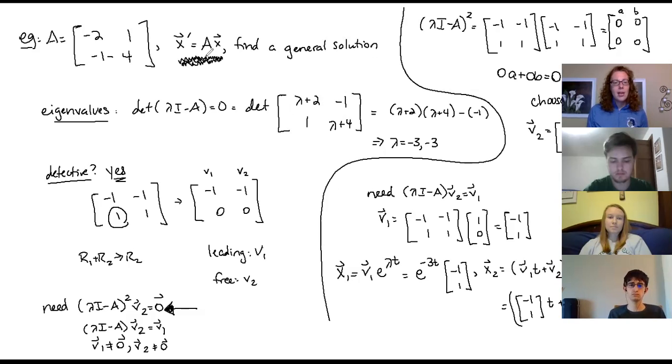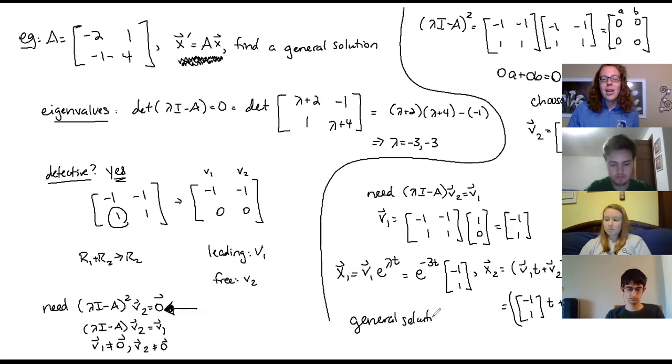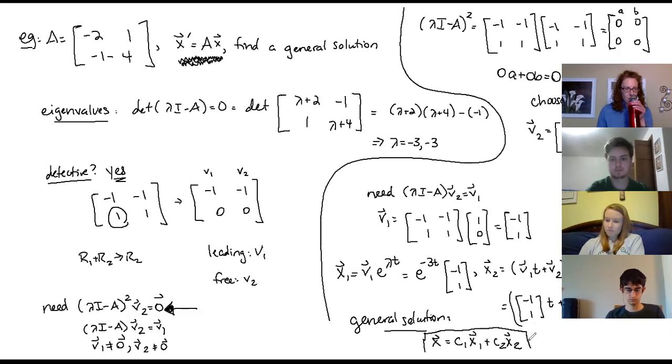You'd have to take a derivative, start on one side, etc. So my general solution, final answer, just enough space on this slide to do it: the general solution is vector x equals c1 vector x1 plus c2 vector x2. Box that.